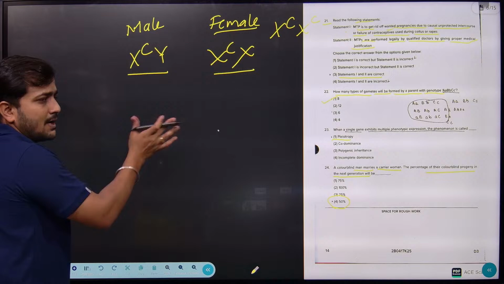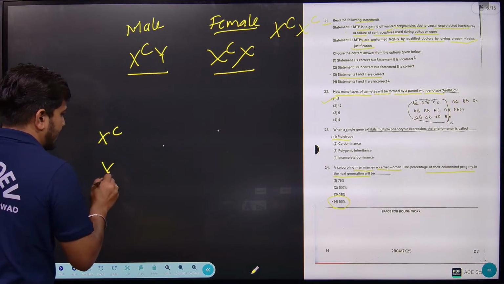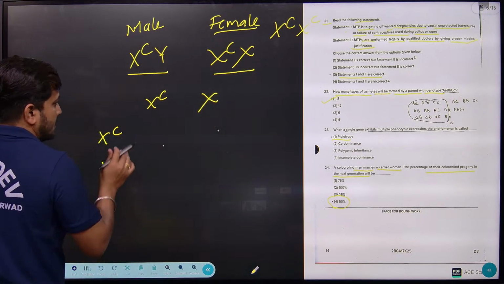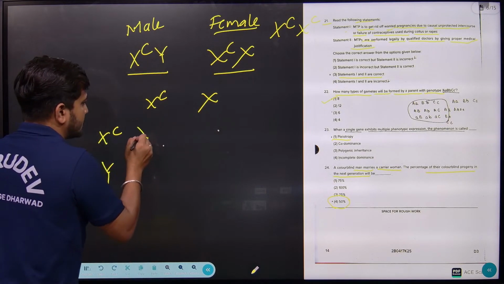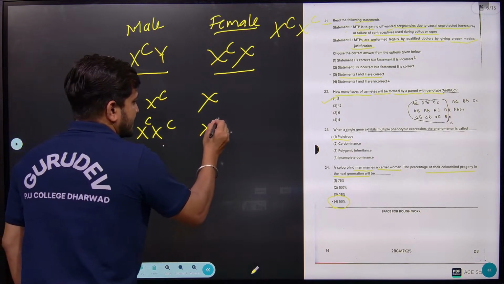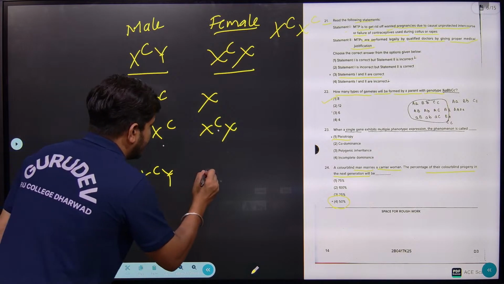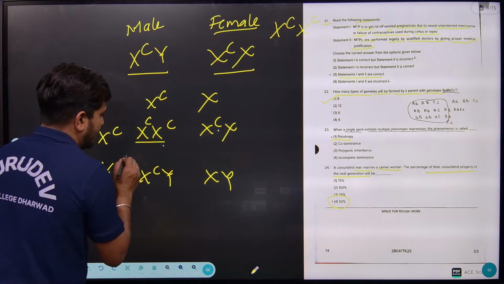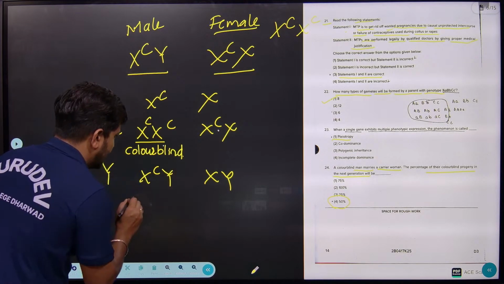With the Punnett square, we can understand that two types of gametes can be formed from the male, X^C and Y, and from the female, X^C and X. So 50% will be carriers and 50% non-carriers. Going on crossing: X^C X^C, this is one; X^C X, this is one more; X^C Y, understanding; and then X Y. So this one is color blind, this one is color blind, and this one is also color blind.